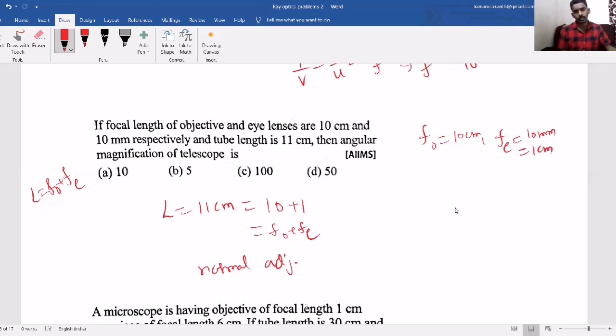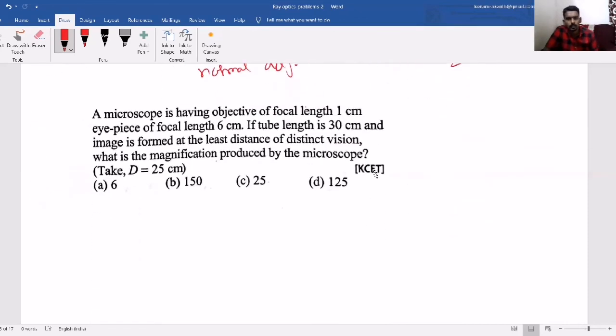So when it is normal adjustment, what is the magnification formula? F naught by fe, where f naught is 10 centimeter by 1 centimeter, equal to 10. So the magnification is 10. This is how you try to understand.